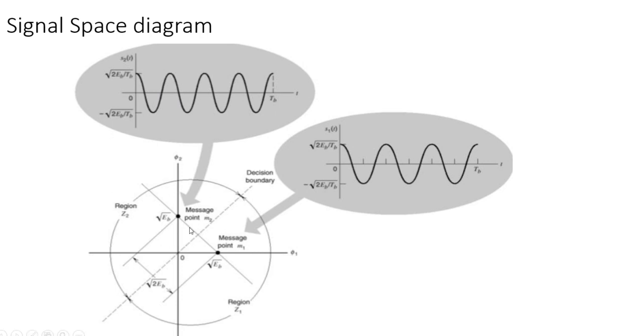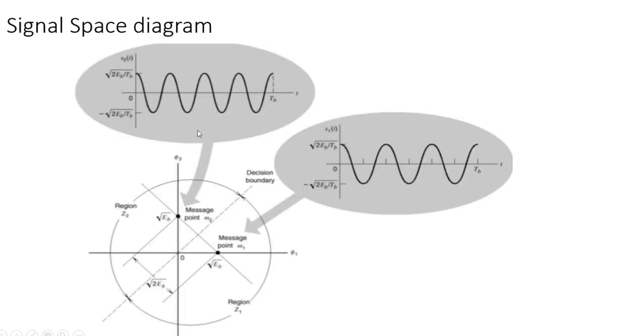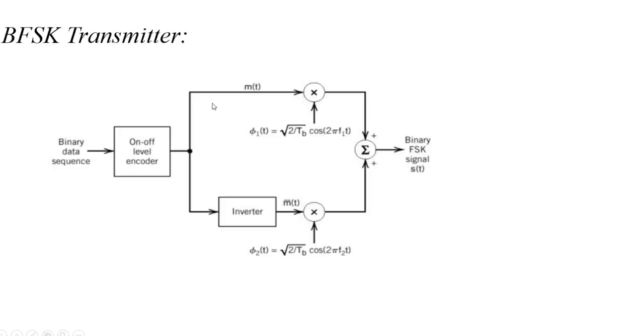So this is the signal space diagram, with the phi 1 axis and phi 2 axis. Now we can have this signal space diagram include the waveform also. It is for symbol 1 and it is for symbol 0. Now the BFSK transmitter: we can realize it with the help of the above logic.